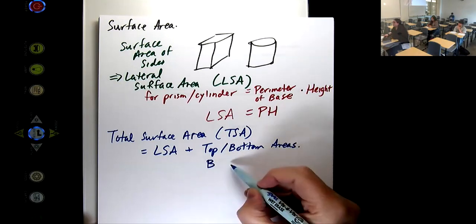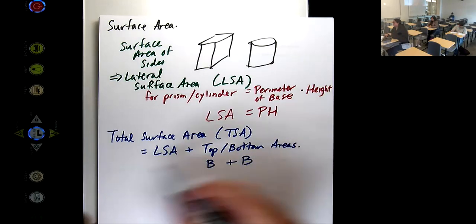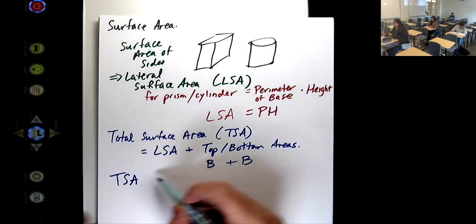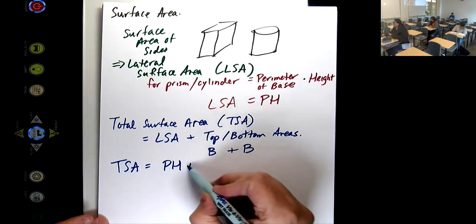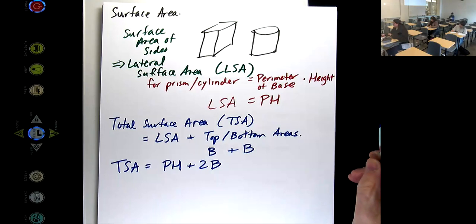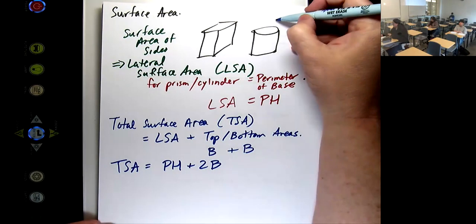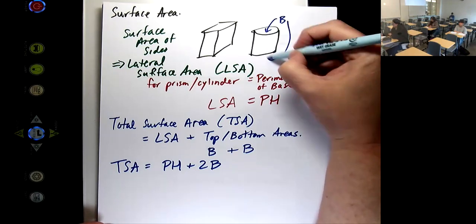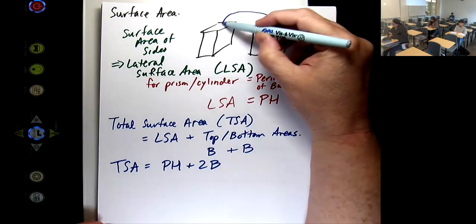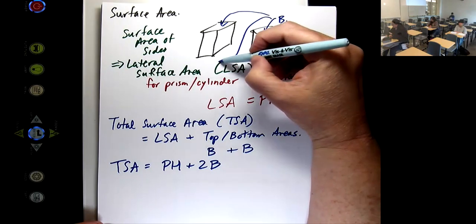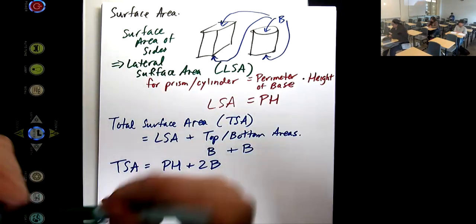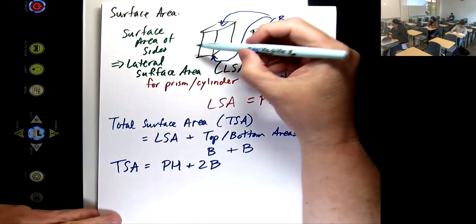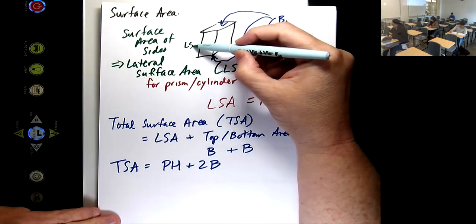And the top is just B. So total surface area for these prisms and cylinders is Ph plus 2B, because that's B and that's B. We call the bottom B. And these sides are the lateral sides.